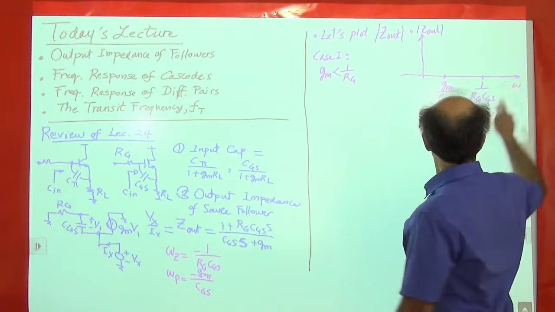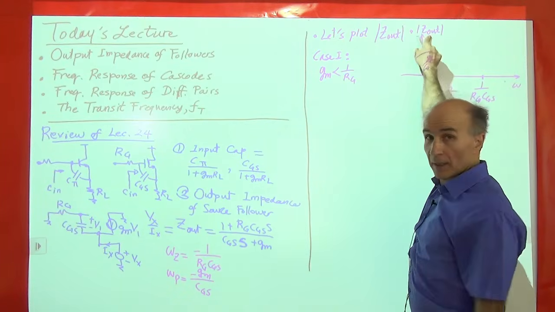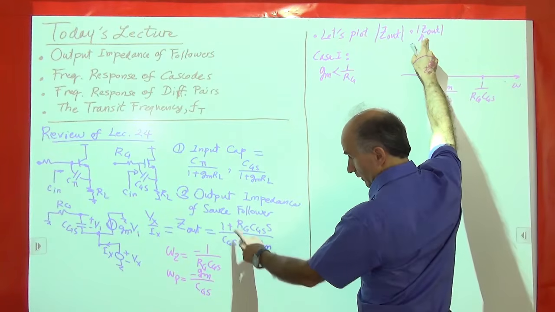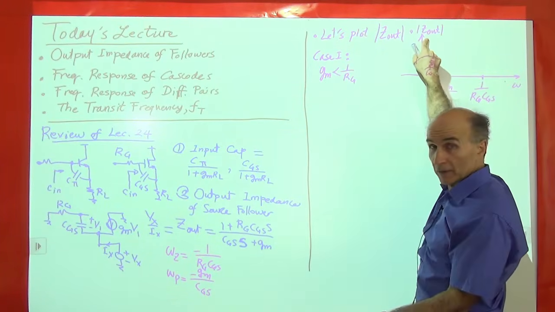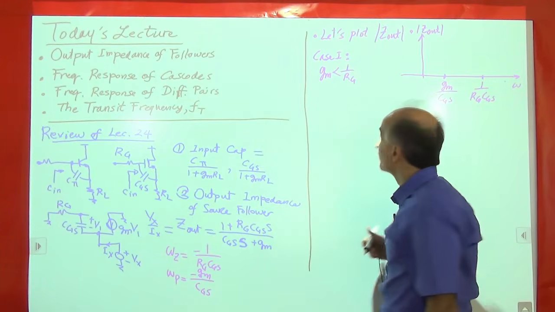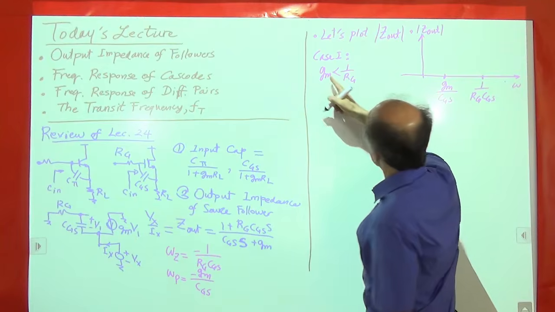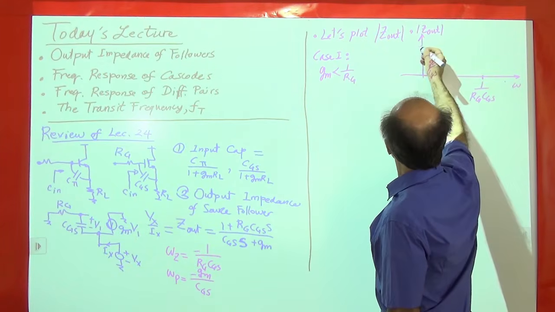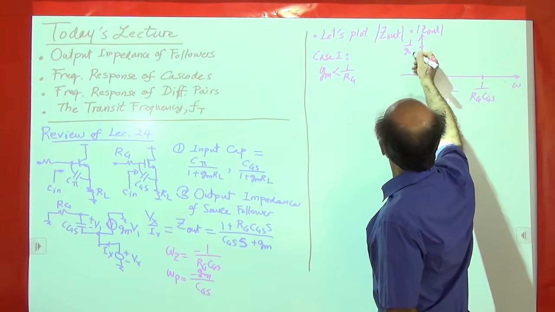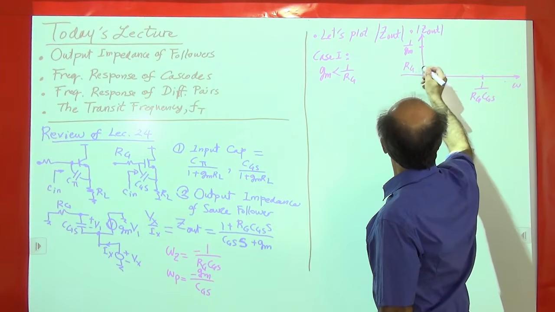All right. When omega is 0, how much is the output impedance? Well, omega is 0 means S is 0, so we just have 1 over Gm. As expected, the output impedance of the circuit at low frequency is 1 over Gm. Okay. Now, because Gm is less than 1 over Rg, 1 over Gm is higher than Rg.